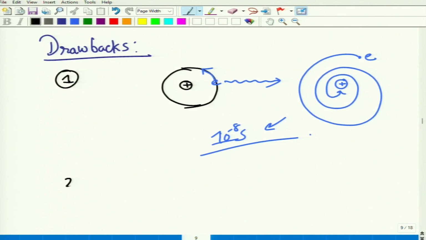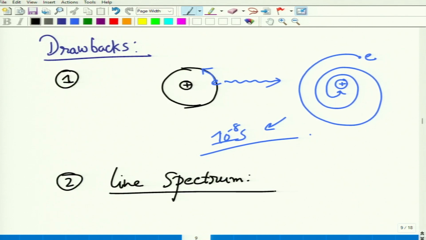Also, there is one more important drawback: the line spectra. We discussed in the very first part of this lecture the atomic spectra, right? In the atomic spectra of the hydrogen atom, we obtain lines like this. We will discuss atomic spectra in detail.